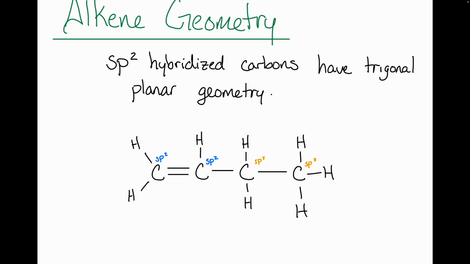The more important here word is the planar. It means that all those atoms sit in one plane. You could do one chop and you would hit all of those atoms. So the consequence is that these molecules about these double bonds are flat. All right, so trigonal planar geometry, i.e. they are flat.